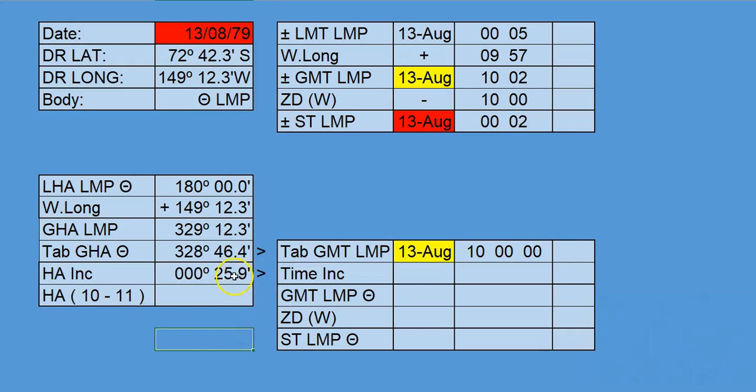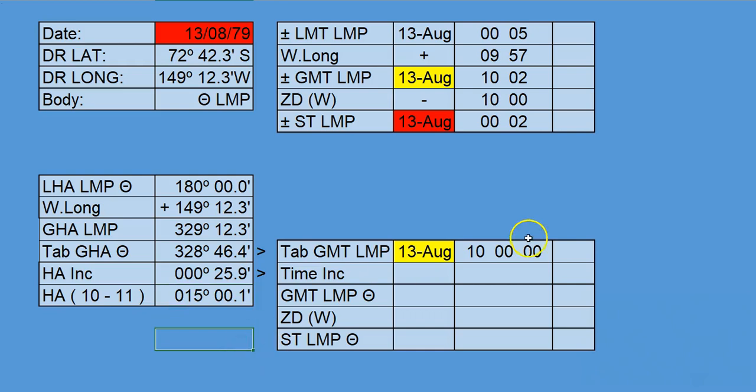That gives us a very small time increment, so we're not going to have a very big change in time here. So 0 degrees 25.9 minutes, and then we're looking at the total change. The total change from the tabulated GHA at 10 o'clock to the tabulated GHA at 11 o'clock is 15 degrees 00.1 minutes.